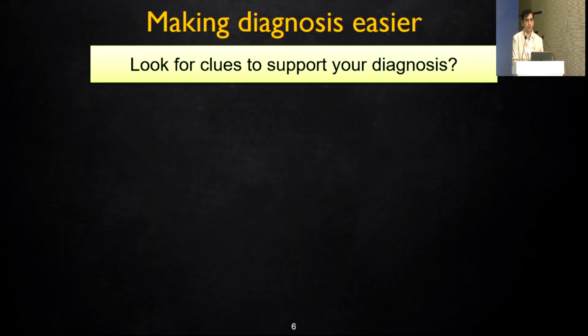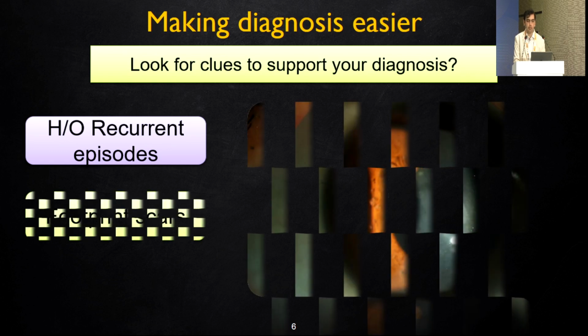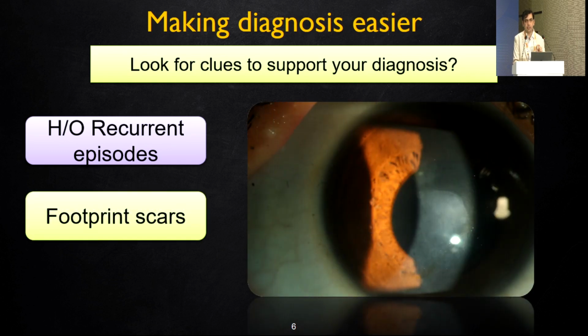So to make diagnosis easier, one thing that you should do in stromal keratitis patients, because often these patients have had recurrences, is look for the clues that support your diagnosis. Ask for proper history of whether they have had recurrent episodes, any redness, whether they have visited any doctor previously, and whether they have had any treatment previously. Look for footprint scars.